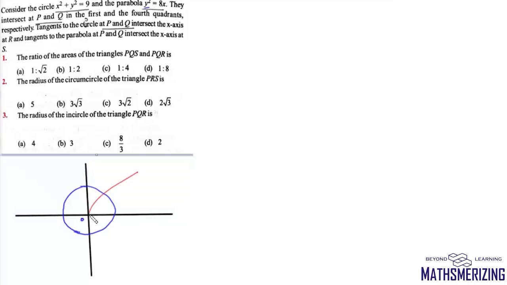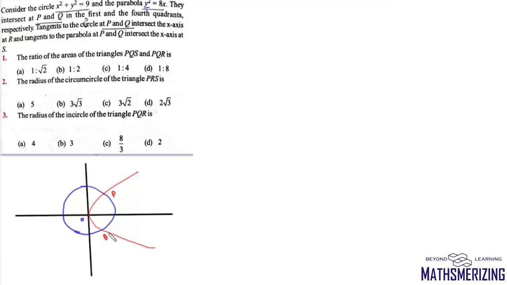So we have this circle with center at origin and radius 3. And then we have this parabola y square equals 8x. So they intersect each other at points P and Q.